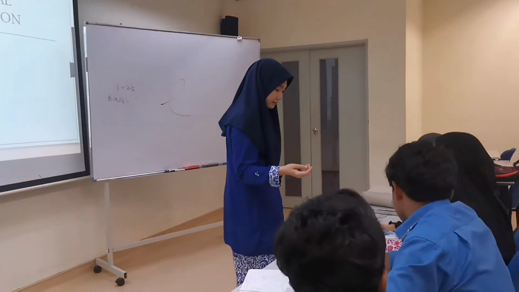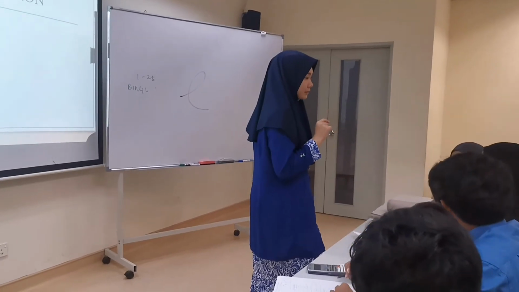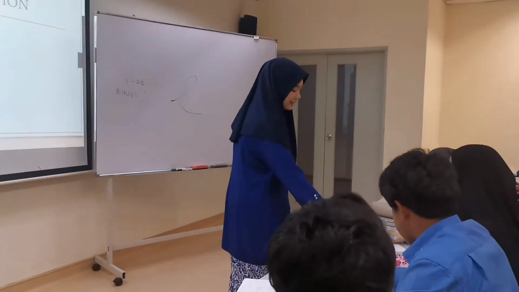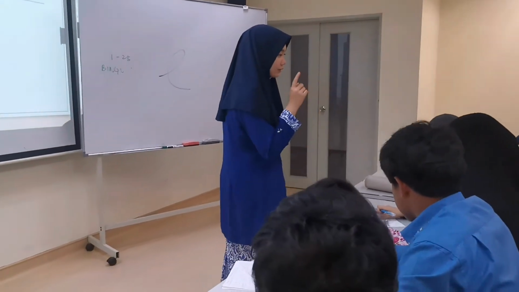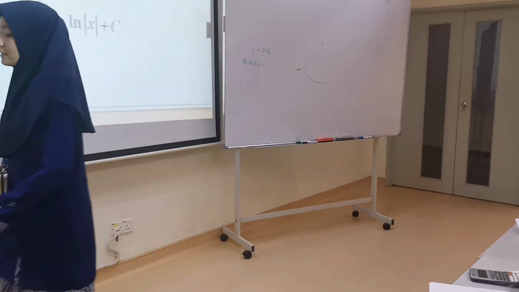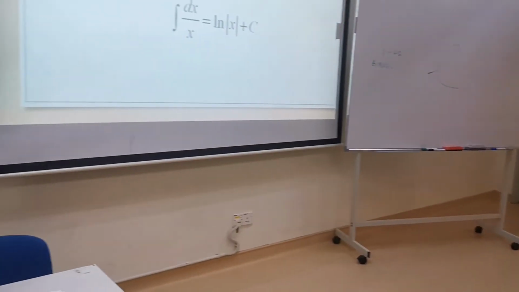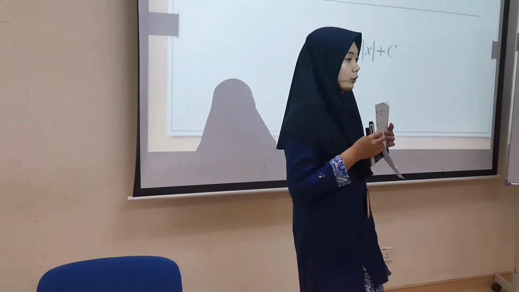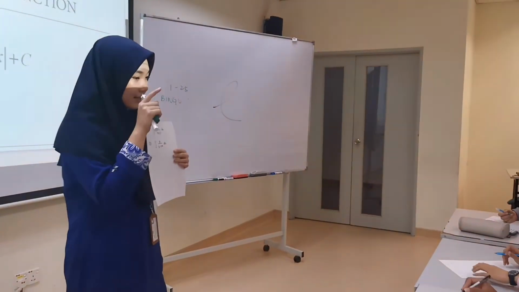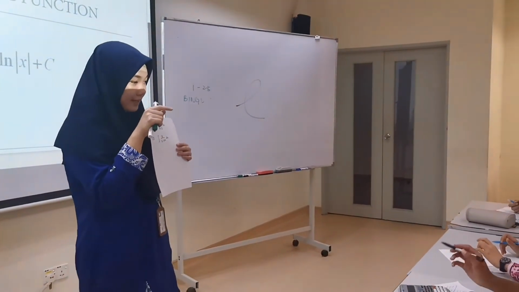We don't need to differentiate the inside, no need. This one is another law, right? What I taught before is 5 over 3 minus 2x. When 5 is taken out, it becomes 1 over 3 minus 2x.